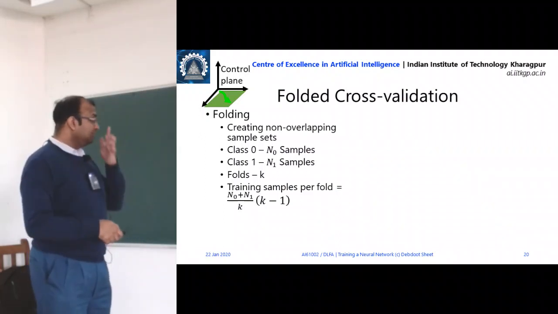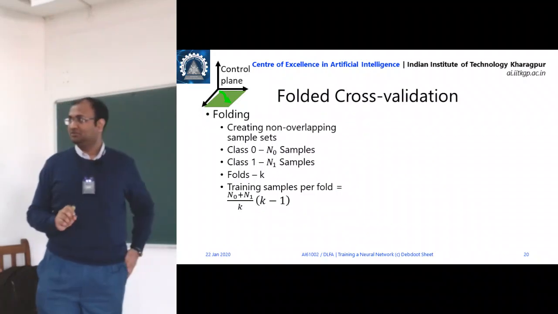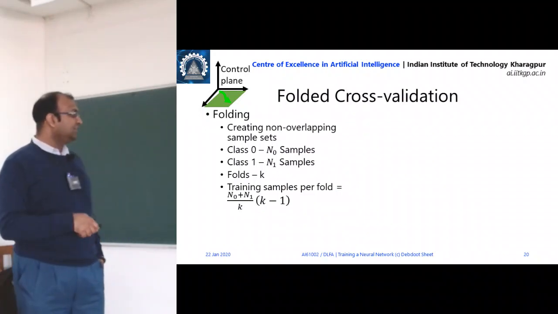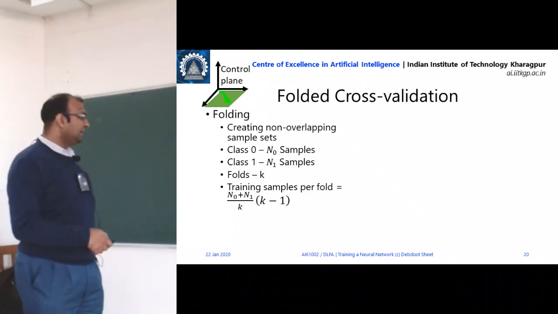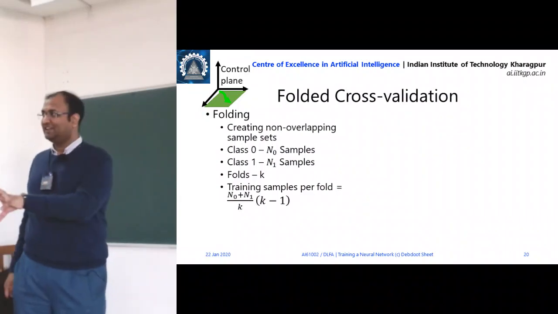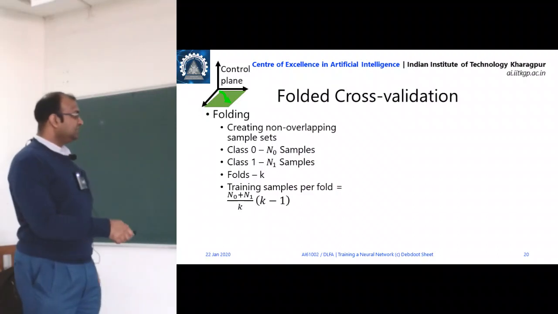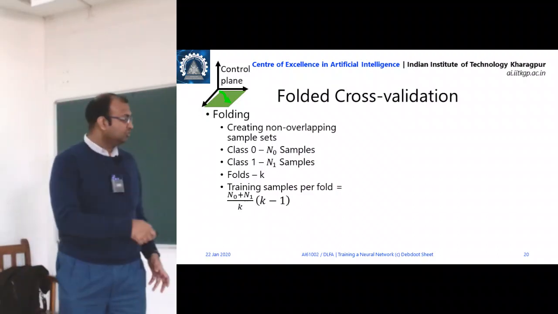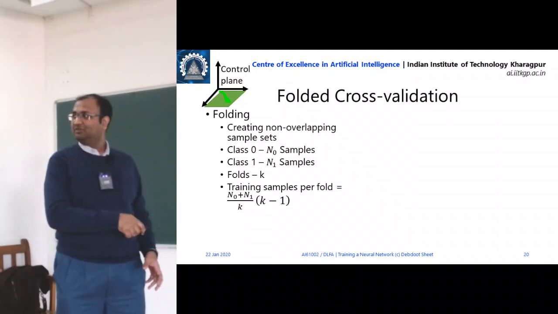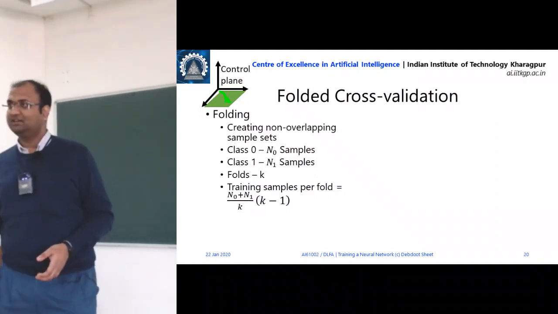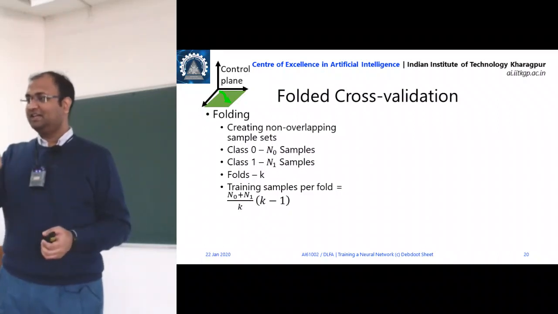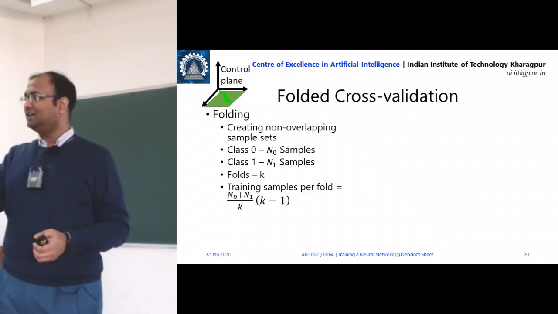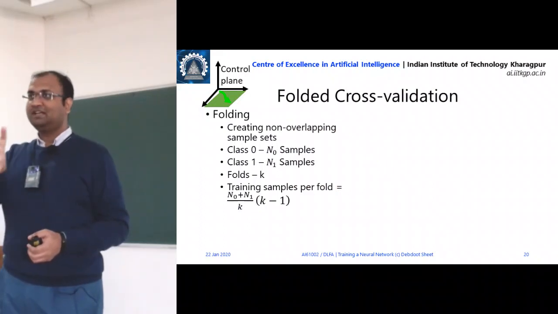Now, if I want to do k-fold validation, I would divide this whole thing into k number of subsets. How I do that is pretty simple. In practice, you take (n0 plus n1) divided by k number of points in every single subset.